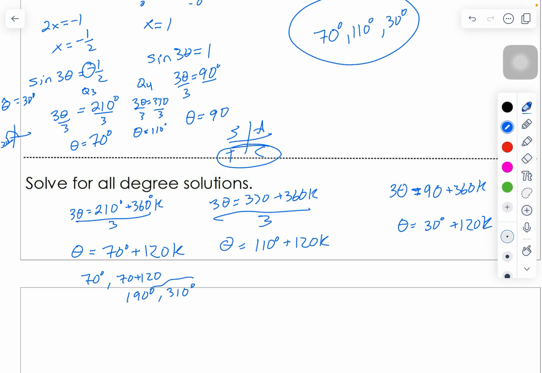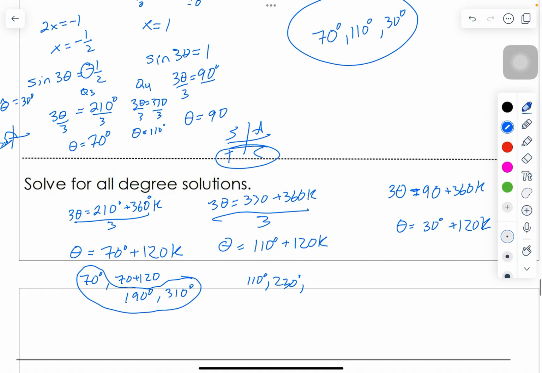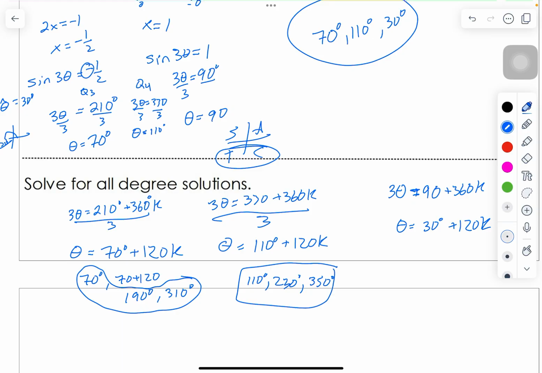So there are 3 angle measurements that will make that true, still within that first revolution around the circle. Same thing, if I go 110 and I add an additional 120, that puts me at 230, that's within the circle. And I add a 120 to that, that is 350. I go 120 more, and that's going to put me past 360, so there's 3 more.